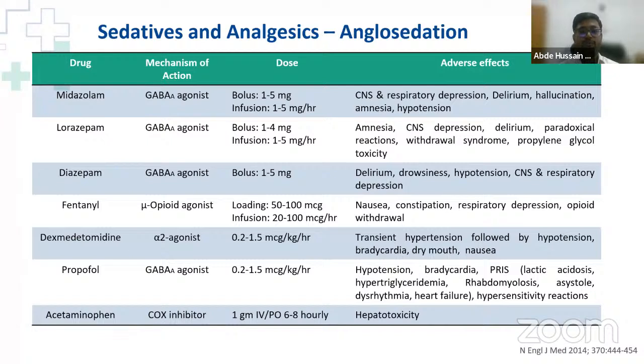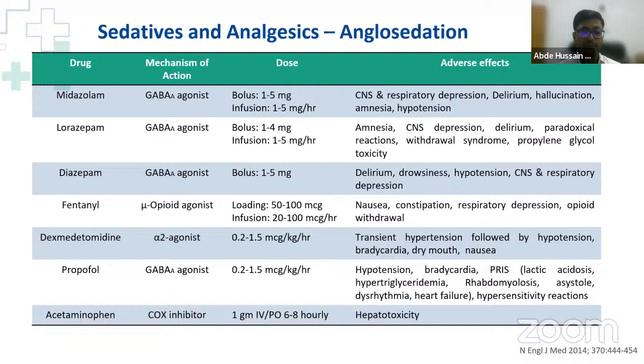So we use a method called analgosedation, where we balance both the sedatives and analgesics when required. The first choice that initially was used was midazolam, but because of the delirium, now we have switched to the opioids like fentanyl, most commonly used in ICUs, but it has its own side effects such as nausea, constipation, respiratory depression, opioid withdrawal.